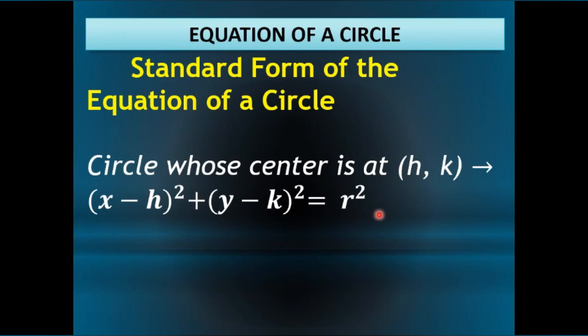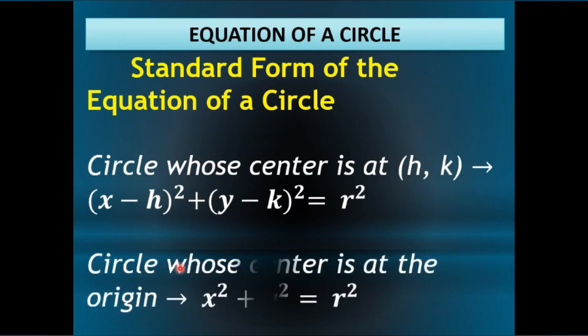For instance, if our center is at the origin, knowing that the coordinates of the origin are both equal to 0, as we substitute the value of h, which is 0, and k, which is also 0, the standard form of the equation of a circle whose center is at the origin will be x squared plus y squared is equal to r squared.